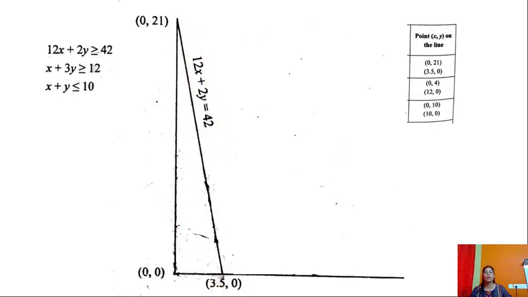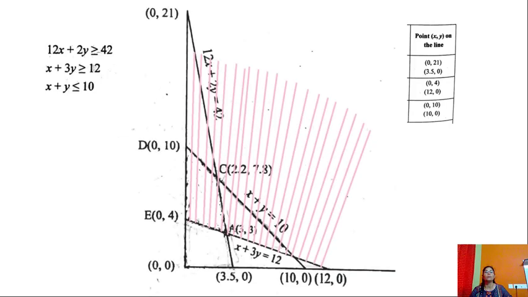Now if we see here, these are the three straight lines for the equations, and to identify the region, this is the region which is greater than this equation, that is x plus 3y greater than or equal to 12. So this pink shading shows you the region.